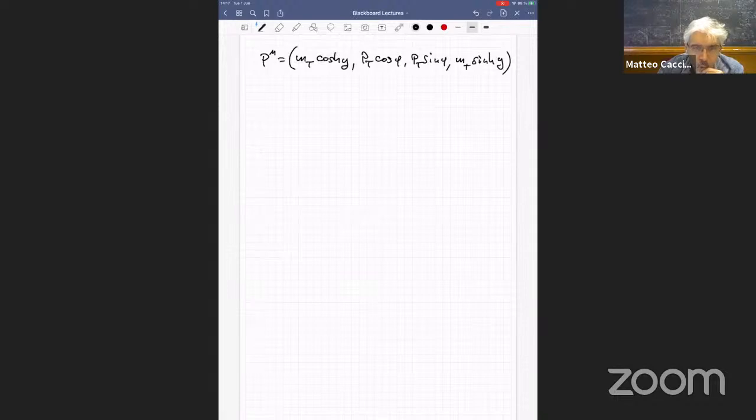So why do we introduce such a weird variable? The reason is that it has very useful symmetries, or rather transformation properties, with respect to boosts along the beam axis. Why are we interested in boosts along the beam axis? Well, as I was telling you, you collide protons, and of course the machine is such that the two beams have the same energy.